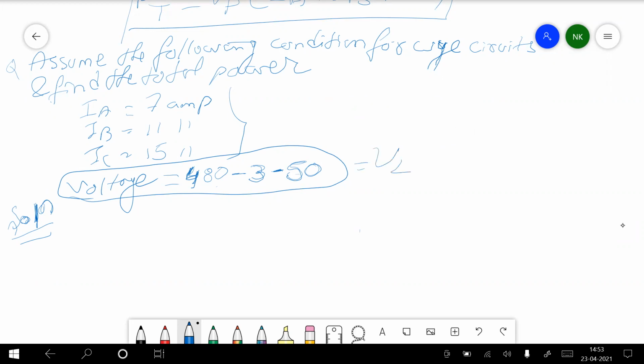So we have got the VL value. I'm just going through the Y network, and it is not mandatory, but if you get this in the question, you can easily write which equation to follow. For delta and for Y the equations are different.